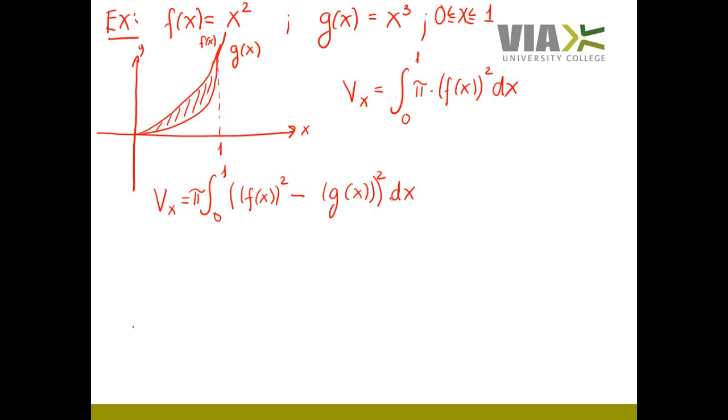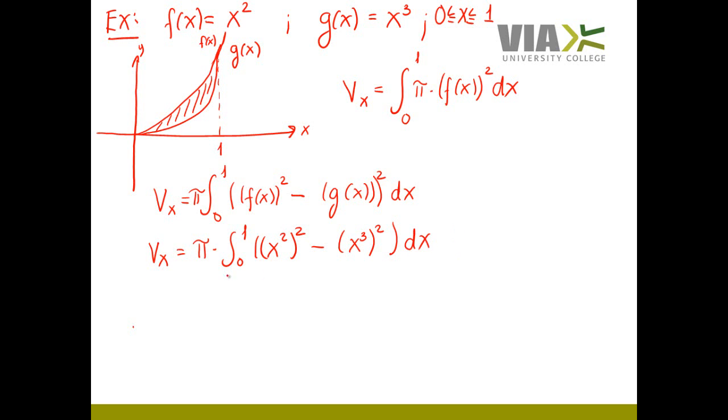So what is that in this case here? Well, f(x) is given by x squared, so we have x squared subtracted with g(x), which is given by x cubed, squared dx.